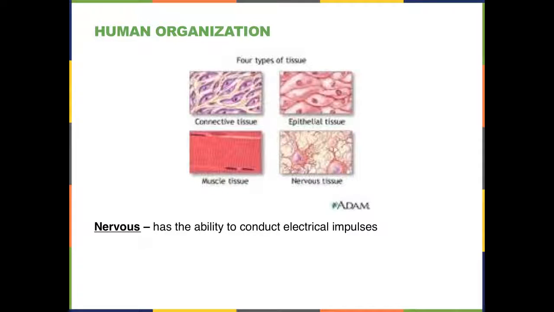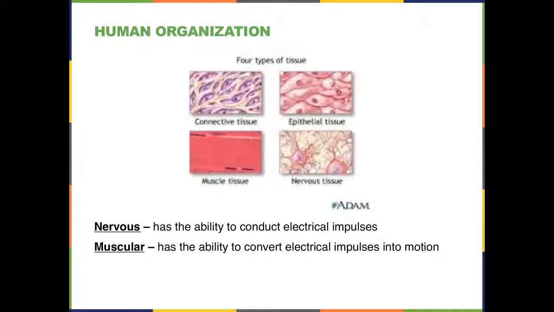The first of these is nervous tissue, which is in the lower right corner. The nervous tissue is distinguished by its ability to conduct electrical impulses, and it is designed specifically for that purpose. And if we have the opportunity, I'll describe in some detail how that tissue does its job.